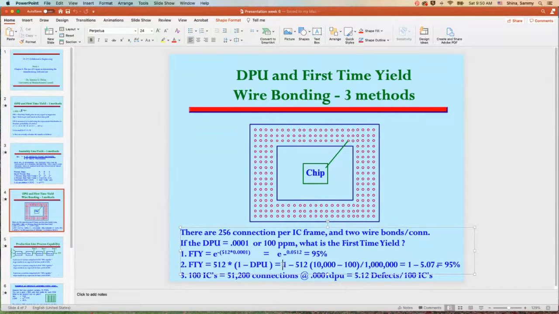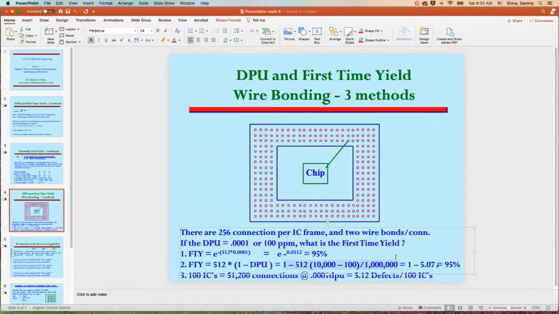So essentially, it's 512 over 10,000, which is the 1 out of 10,000. 51,200 connections at 1 in 10,000 DPUs.